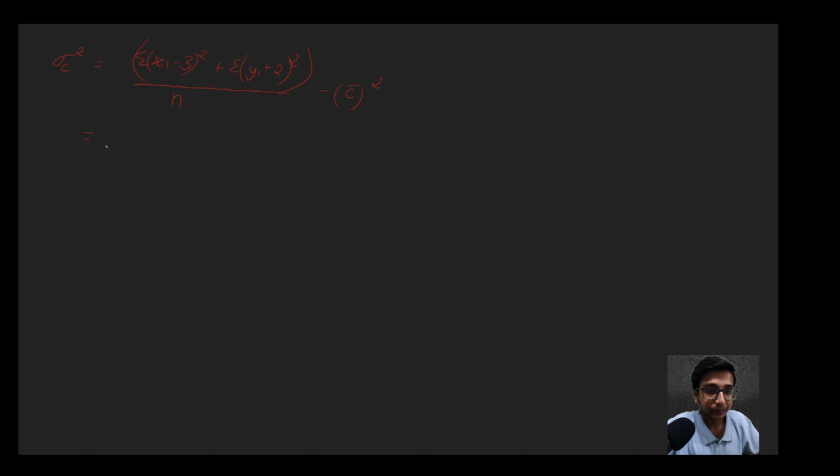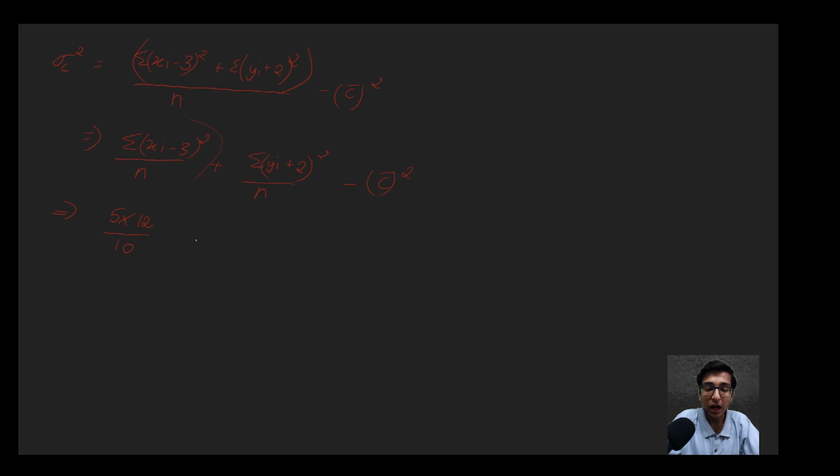So this thing can now be written as sigma xi minus 3 whole square upon n plus sigma yi plus 2 whole square upon n minus c bar whole square, and we know the value of c bar, which we had just calculated to be 6. Now since there are 10 observations now, this entire thing can be written as 5 into 12 by 10.